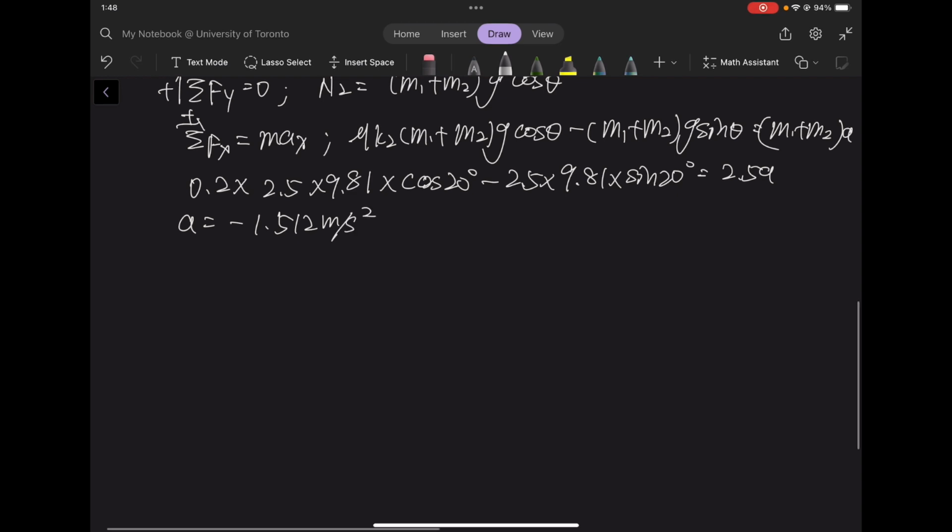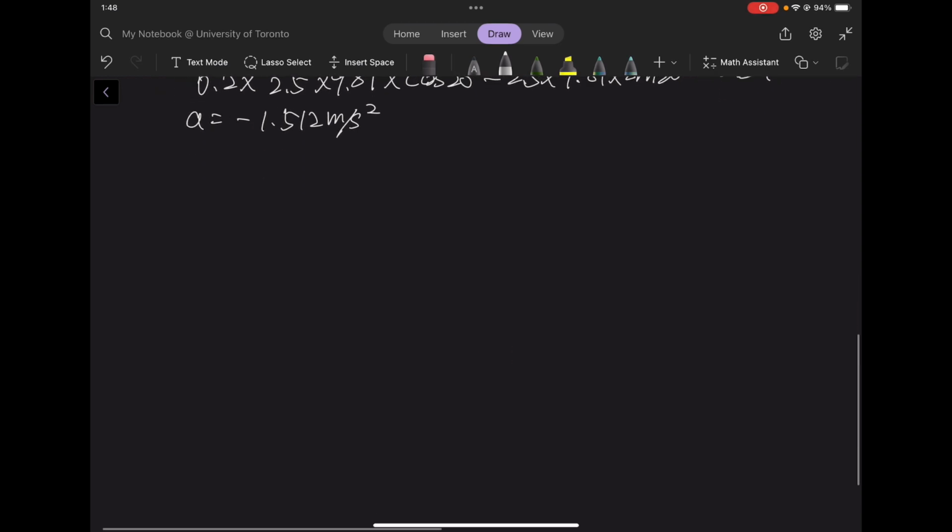So as for block number 1, in x direction it's equal to max.